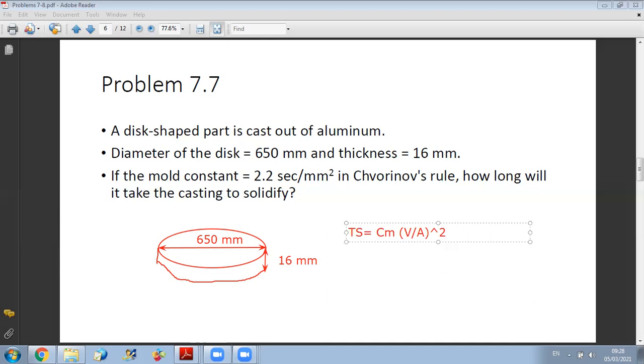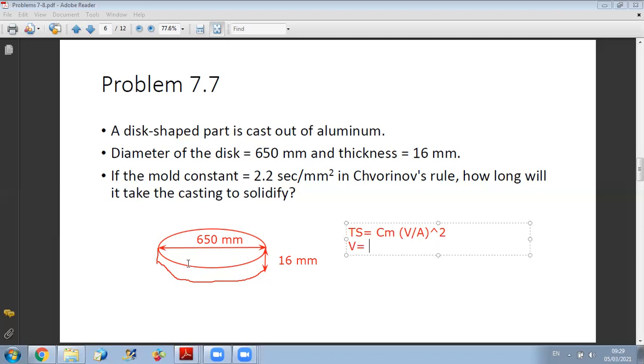Now, concerning V over A, V represents the volume of our final cast. Since the shape has a diameter of 650 millimeter and a thickness of 16 millimeter, of course here we should take dimensions at the initial state, before solidification.